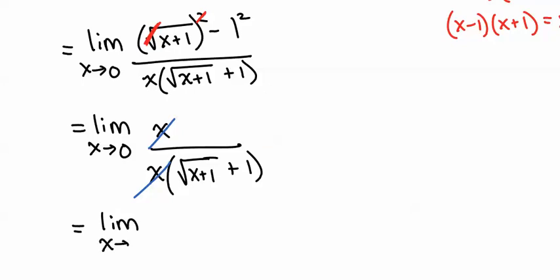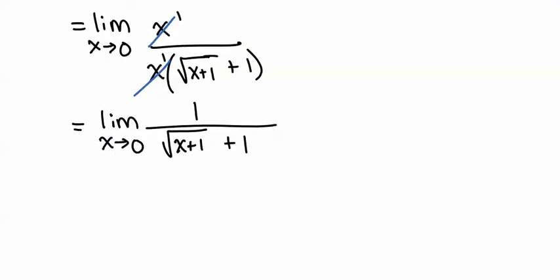That's awesome. Since those canceled out, technically there's still a 1 on top because we just divided them by x. So there's a 1 on top, and on the bottom I've got root x plus 1, plus 1. Can't cancel out the 1s because there's an addition sign between these two terms. But now I can use substitution, sub in 0 for my x.